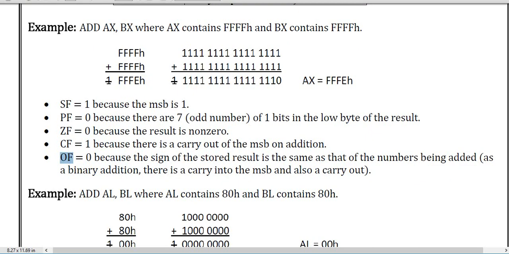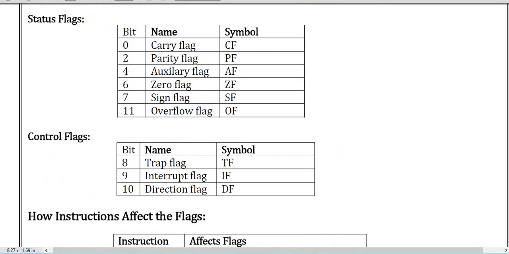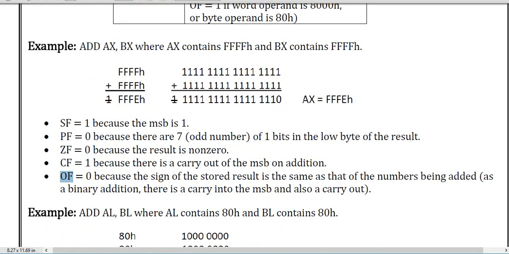OF is equal to 0 because the sign of the stored result is the same as the numbers being added, and the binary addition is carried into the MSB and also carried out. That means the OF flag is the overflow flag. The overflow flag is 0 here because this one denotes the sign flag, so it is not overflowed.